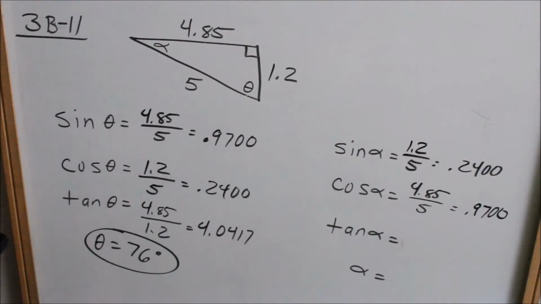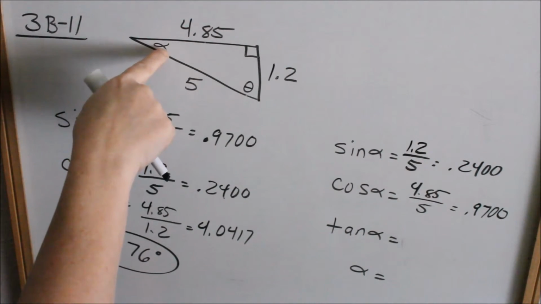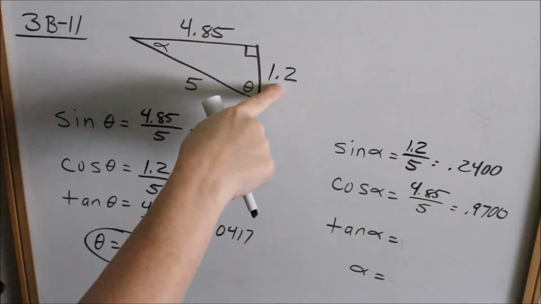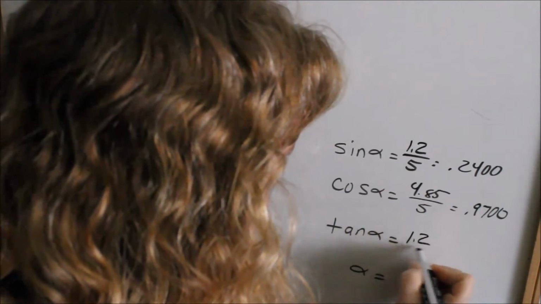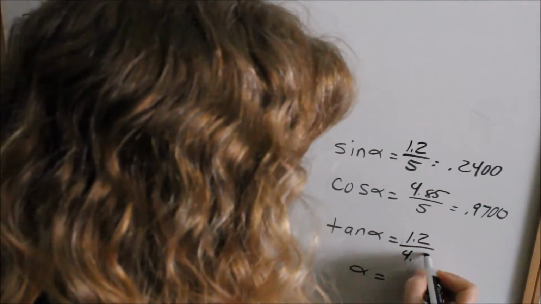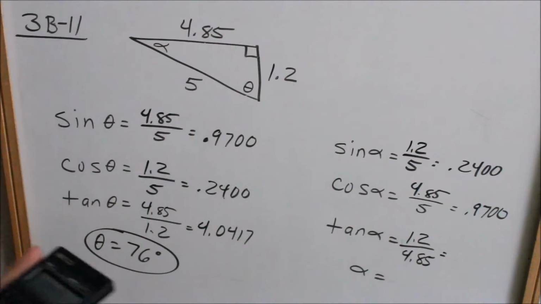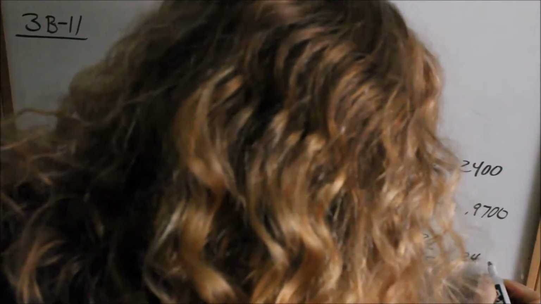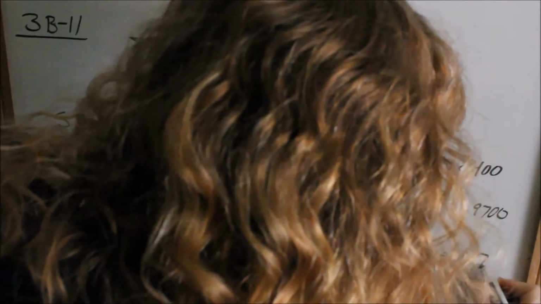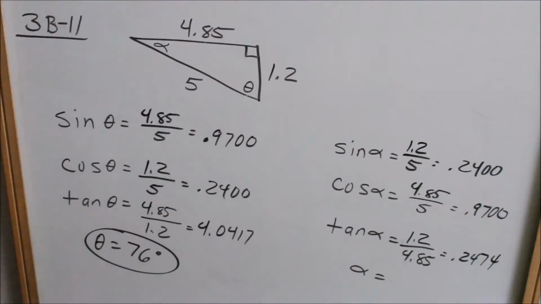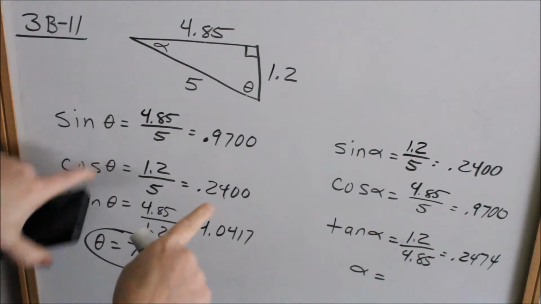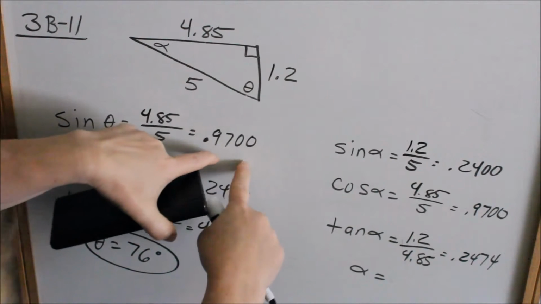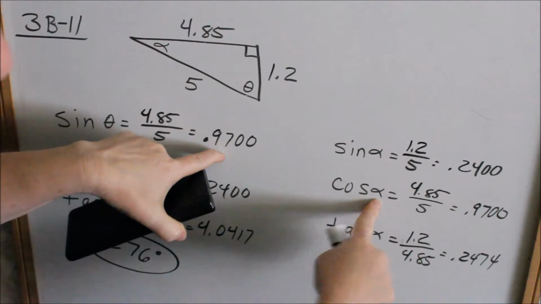Tangent alpha, standing at alpha, opposite over adjacent, opposite of me, 1.2. Adjacent to me, standing at alpha, 4.85. Turning that into a decimal, 0.2474. And then something to point out, that the sine of theta is the same thing as cosine of the other angle.